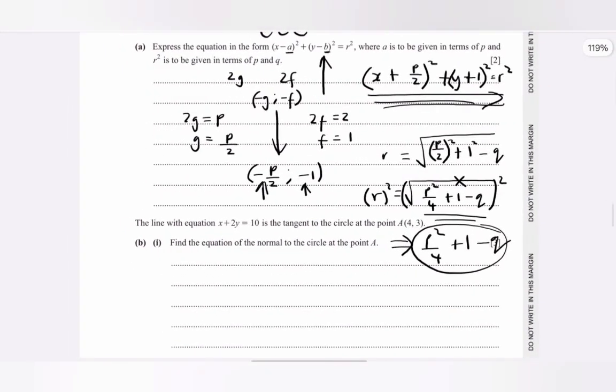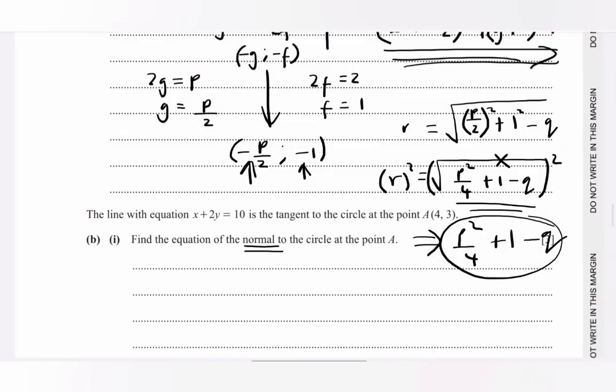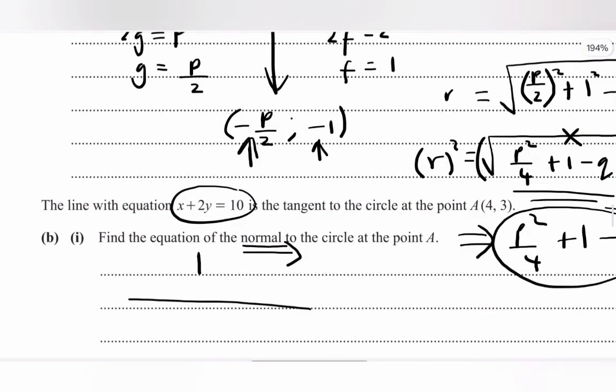And for part B, it says the line with equation x plus 2y is equal to 10 is the tangent to the circle at point A, which is 4, 3. B part 1 is saying find the equation of the normal to the circle at point A. We have an equation of a tangent, and we know that there's a relationship between gradients of lines that are perpendicular, because a tangent and normal to the tangent meet at 90 degrees.